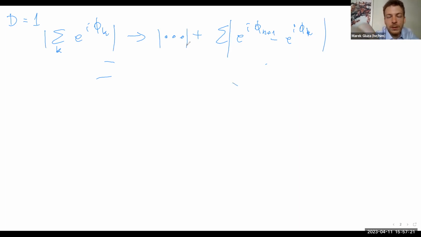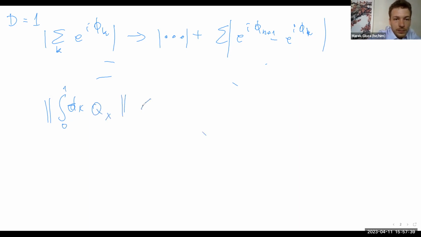Okay, so I will link those one-dimensional materials in the description of the video later. Okay, so, and in our case, we get an integral dx from 0 to 1 of q(x). And we get just the triangular inequality here because we already prepared everything.